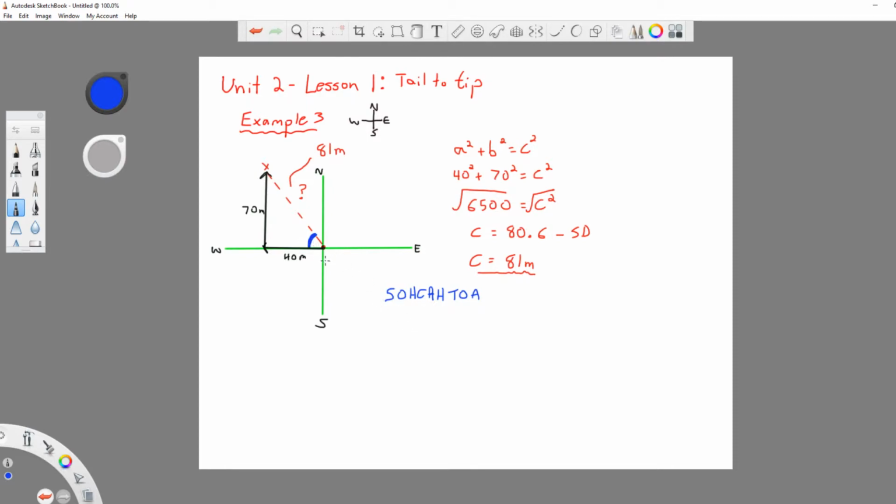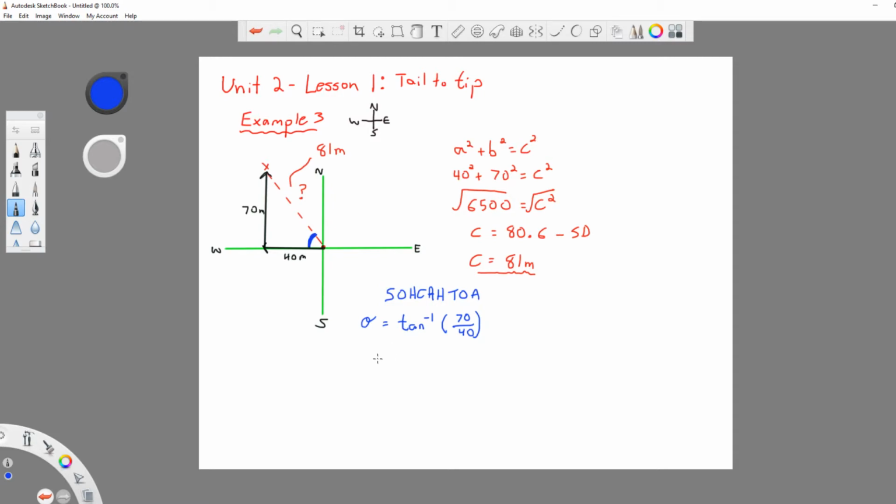So if we want to find the angle from tangent, we want tan, or inverse tan, I should say, of 70 over 40. Opposite over adjacent. And we can say that this is our theta. Theta is equal to inverse tan 70 over 40.